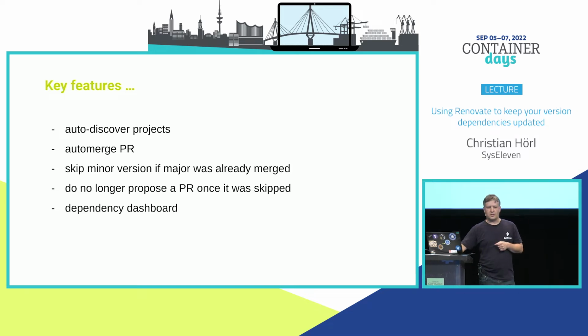And, of course, it has a dependency dashboard, which gives you an overview of open merge requests at any time, and you could combine or group merge requests. Also, it gives you some release notes for upstream projects. You may want to read them first.